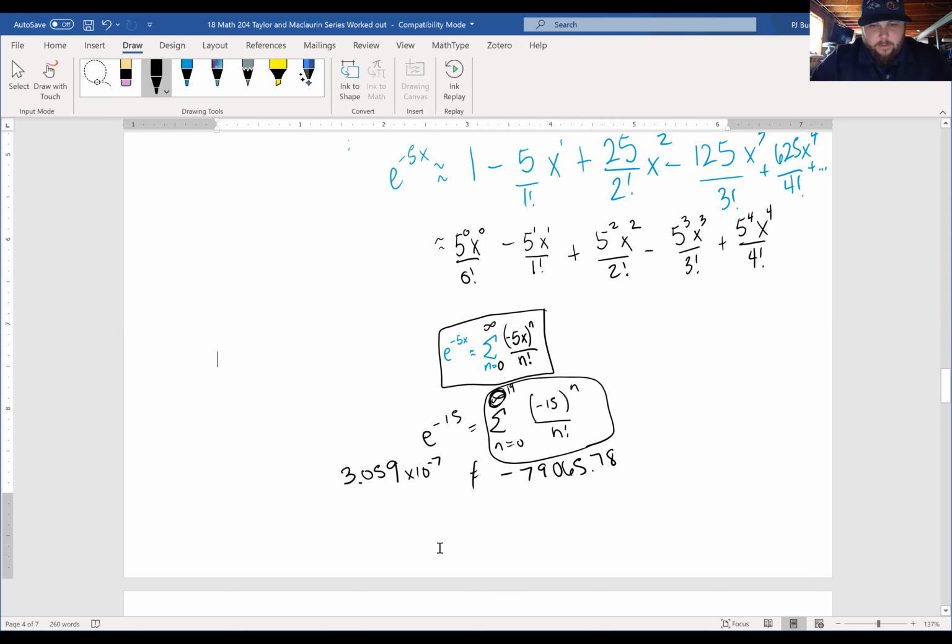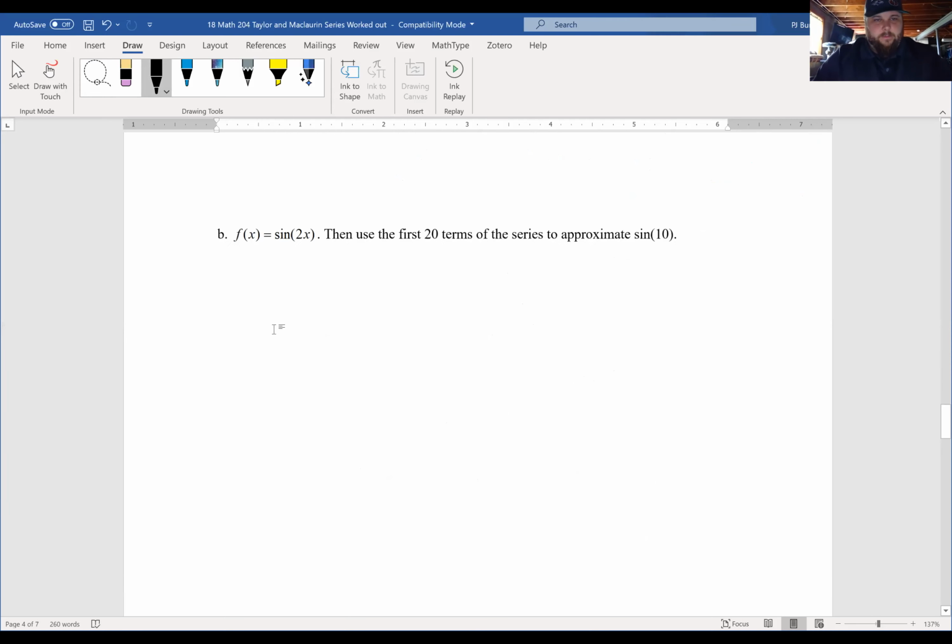All right, so f of x is sine 2x, so you need to take your derivatives.